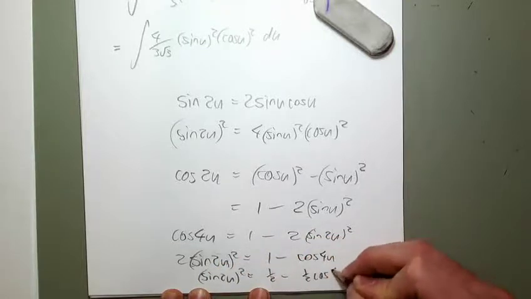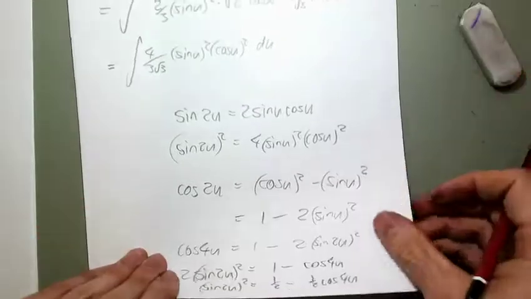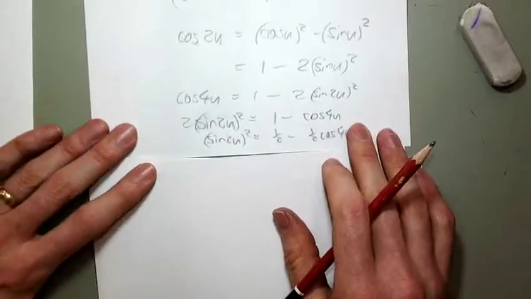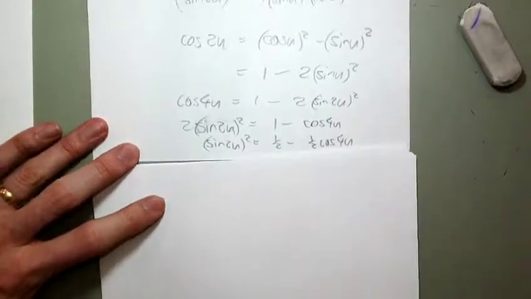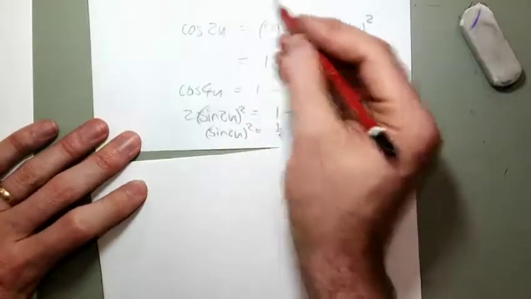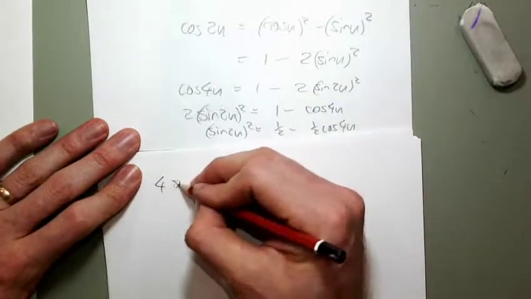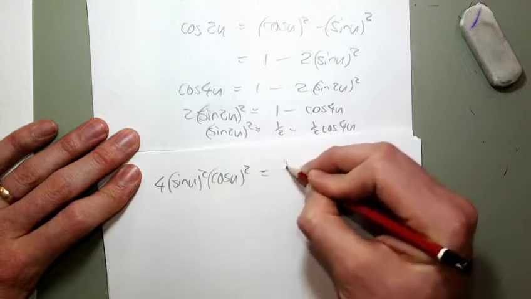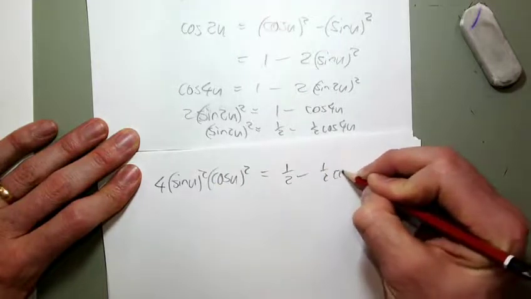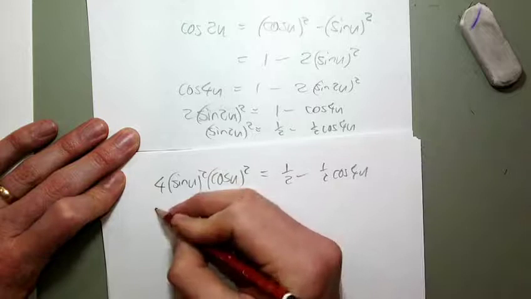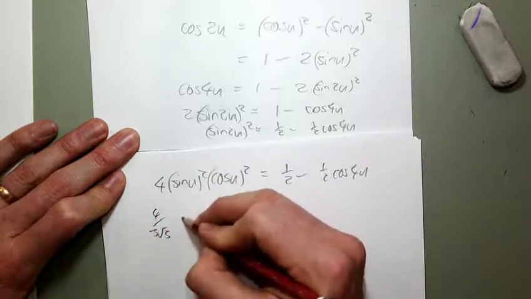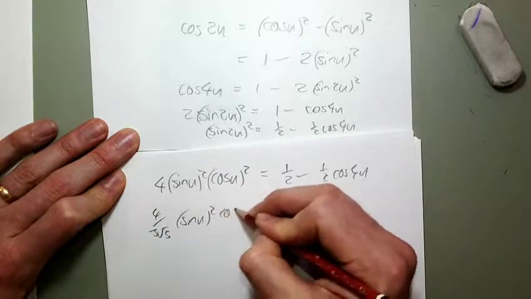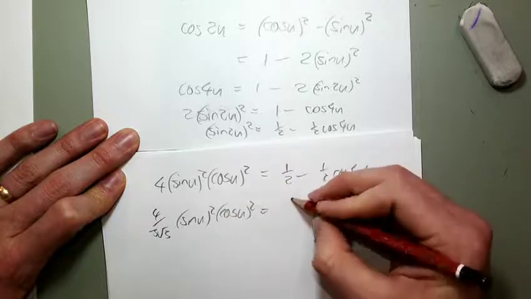of cos 4u. Awesome. So what we actually have is a 3 root 3 in there, so actually this sine 2u squared is the 4 sine u squared cos u squared is actually this, and therefore 4 on 3 root 3 sine u squared cos u squared is actually this.